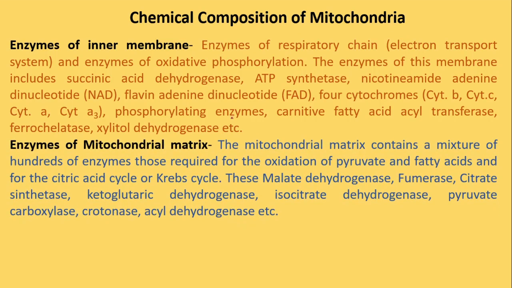Then the enzymes present in the mitochondrial matrix. These are very important enzymes which are very functional. The mitochondrial matrix contains a mixture of hundreds of enzymes, and those are required for oxidation of pyruvate and fatty acids and for the citric acid cycle, that is the Krebs cycle.